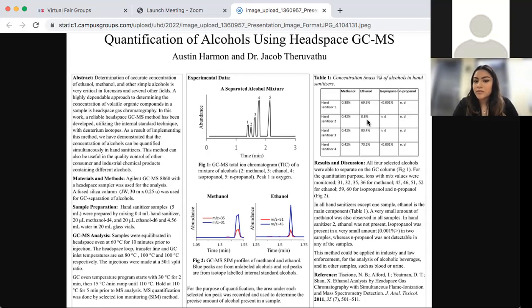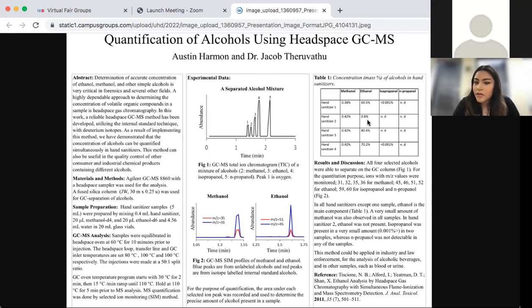It does not take the liquid. We decided to use Headspace sampling because if we tested the actual hand sanitizer directly, it has a lot of sticky chemicals in it, like glycerin and other sticky substances, and that might damage the main GC instrument. So that's why we decided to just use the vapor Headspace sampler.